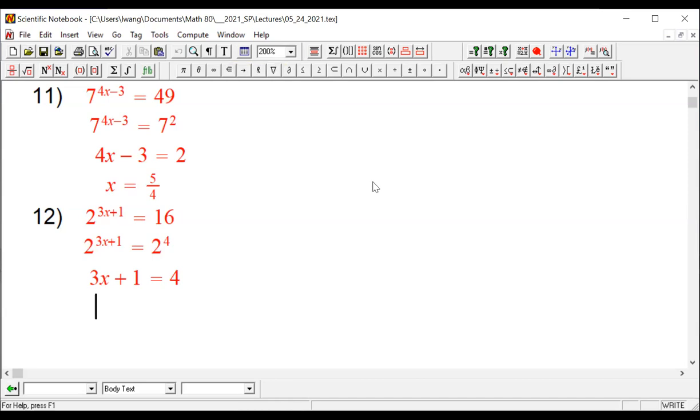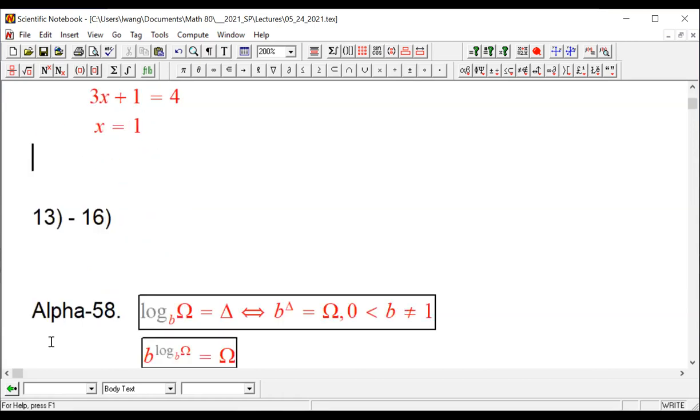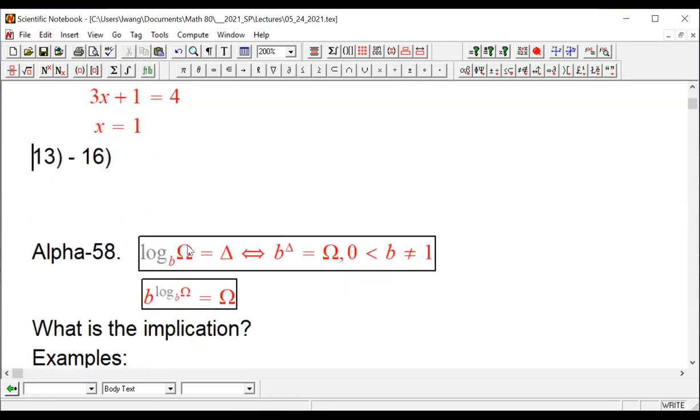Subtract 1, divide by 3, so x equals 1. Wow, we did so many questions, didn't we? Let's look at the group of 13 through number 16.